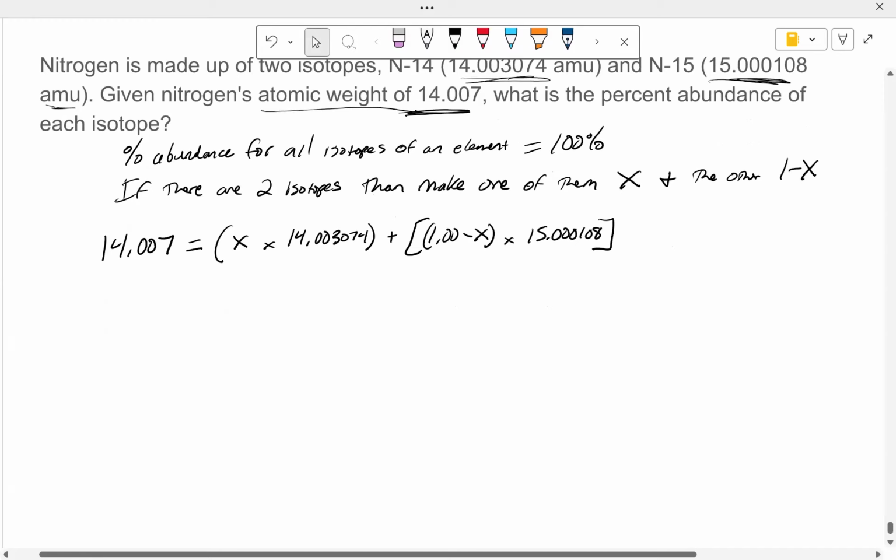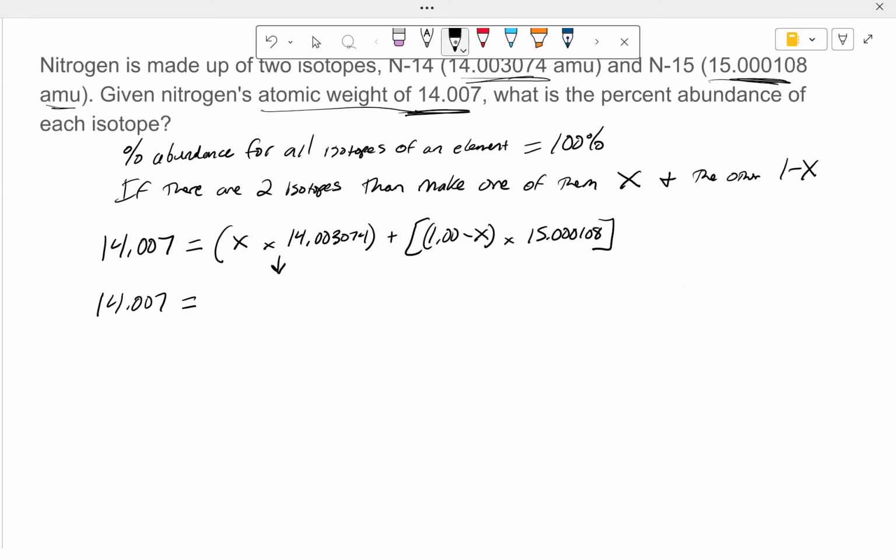Now I'm not going to skip any mathematical steps. I'm just going to go straight through how we would do this algebraically. So this first term, I'm going to make that 14.003074x. And then this second term, remember your algebra, you're going to distribute this 15 into the 1, distribute it into the x.